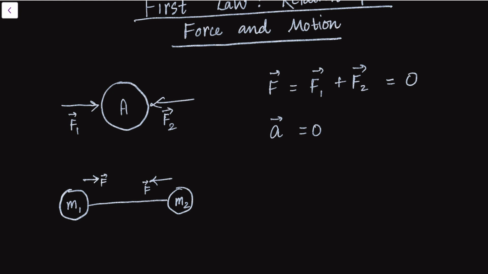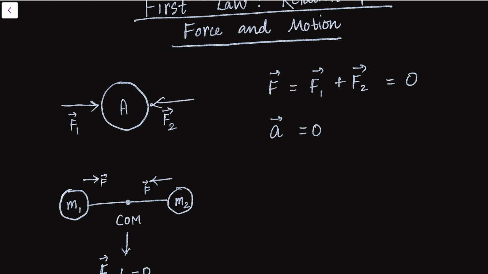If we see the line of force, at this point we have the center of mass. In this case, the external force is 0, and hence m1 and m2 remain unaccelerated.